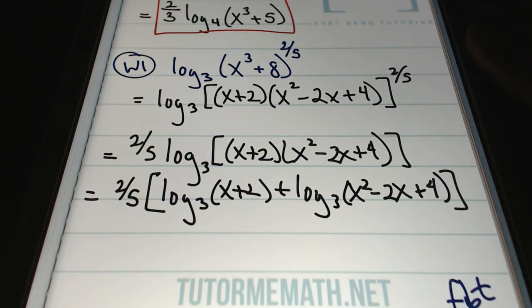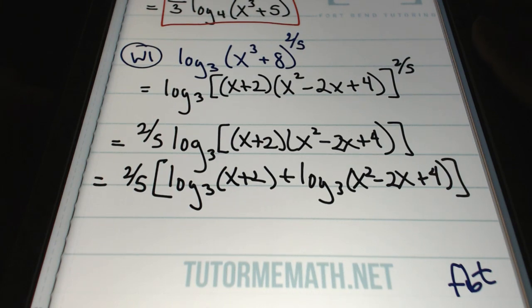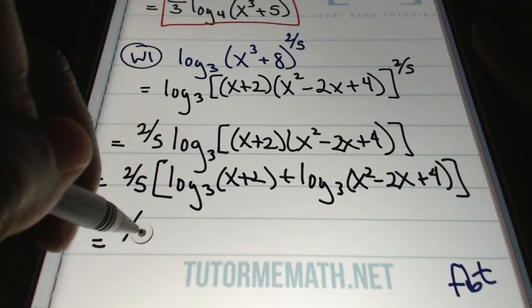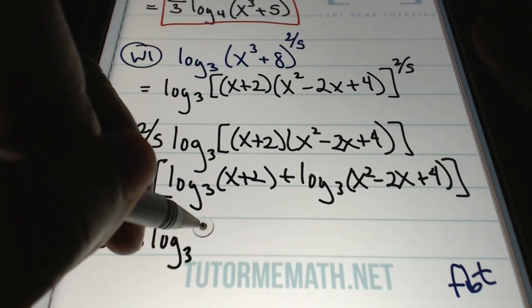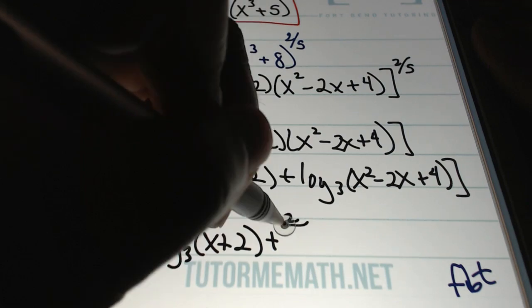Once we have this, now you'll distribute that coefficient of 2/5. So now we'll have 2/5 times log base 3 of the quantity x plus 2, plus 2/5 times log base 3 of the quantity x squared minus 2x plus 4.